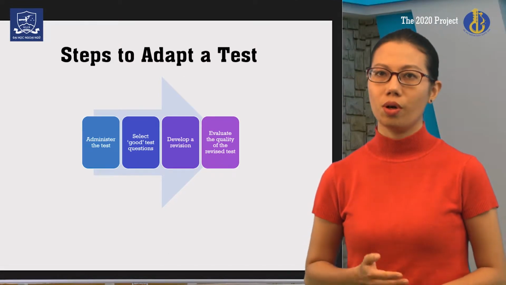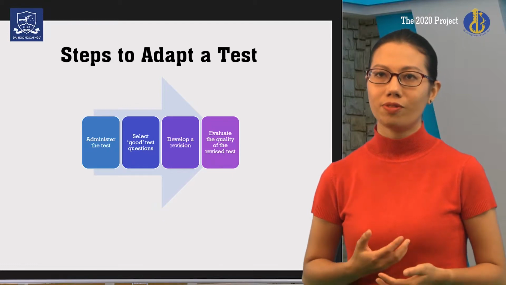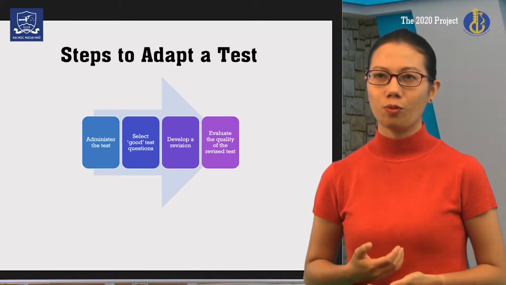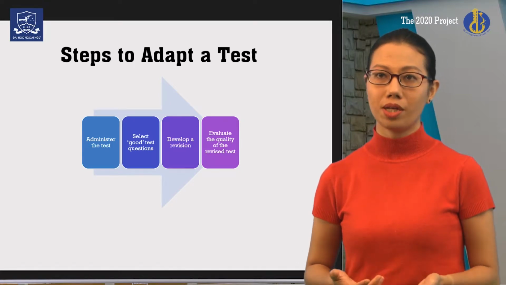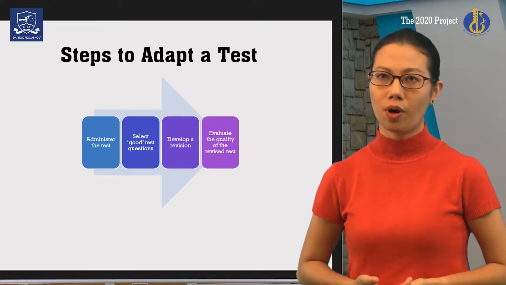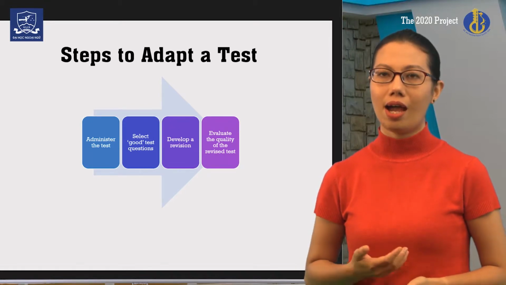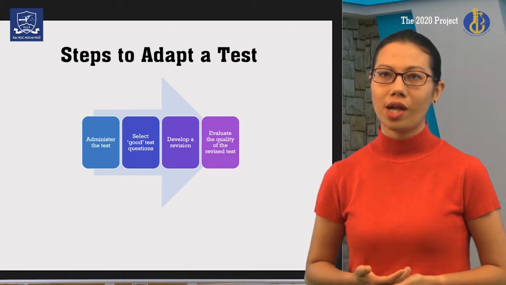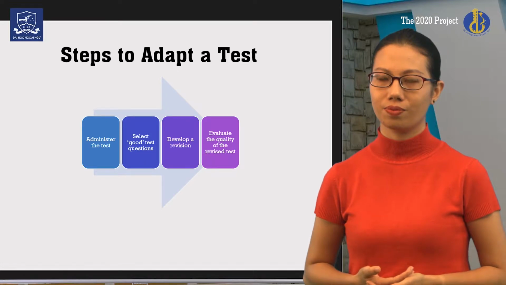Develop a shorter, more efficient revision of the test, one that fits the program's purposes and works well with its students. Some new questions may be necessary, ones similar to those which worked well, in order to have a long enough test. And 4. Evaluate the quality of the newly revised test.